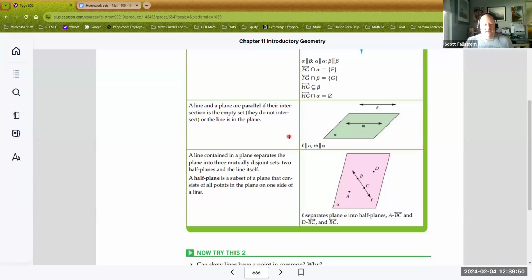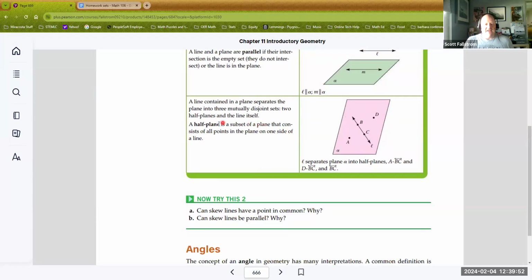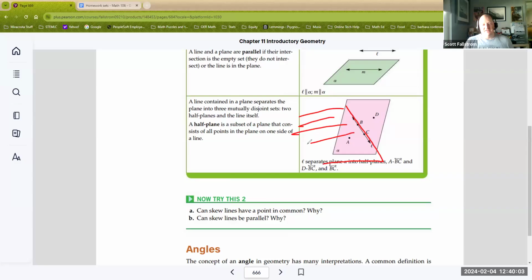And then we could have something like a half plane, where you think of a line, kind of like what is drawn here, cutting and taking everything on this side, because think of the plane going infinitely. That would be like a half plane.